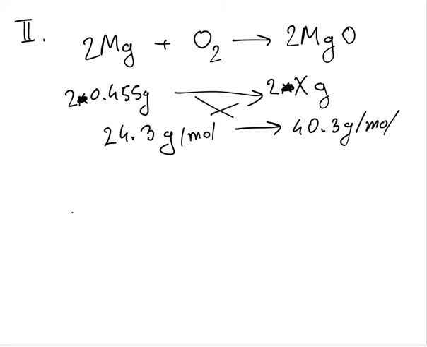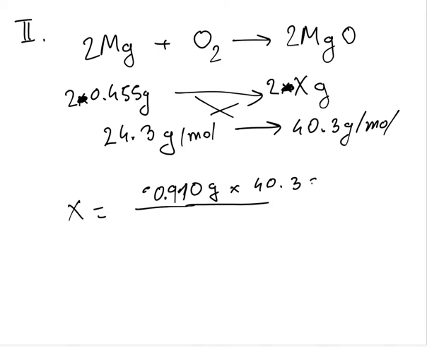Cross multiply, and you'll get x equal to 2 times 0.455, which becomes 0.910 grams, times 40.3 grams per mole, divided by 2 times 24.3 grams per mole.